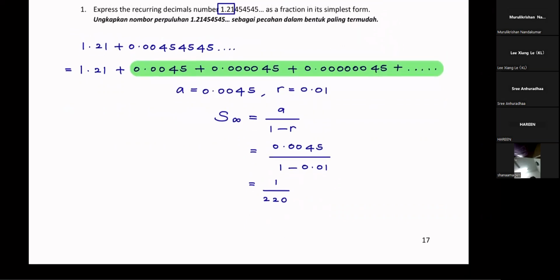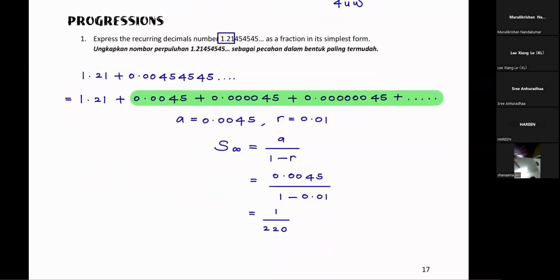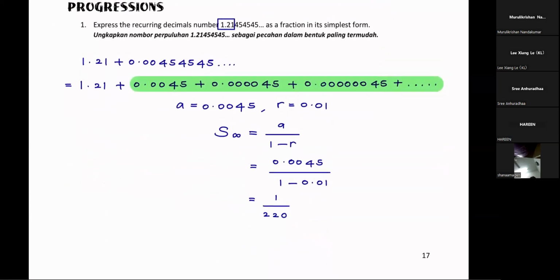Okay, tapi ini bukan jawapan lagi tau. Sebab kita ada satu lagi benda kat depan ni. We still got one more thing in front there. So your single fraction will be, okay, sorry. Okay, this one apa you kena buat tau? 1.21, okay, 1.21 ni, yang ni. Wait ah. This one. Yang ni. So, saya nak buat apa? Saya nak turunkan dia tengok ni.